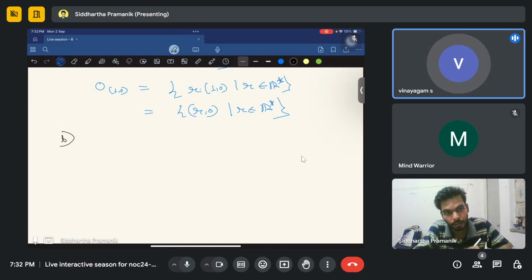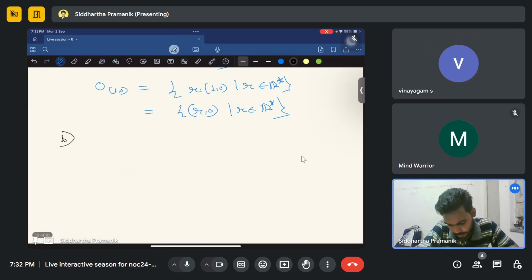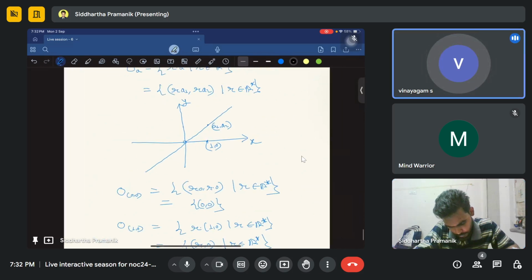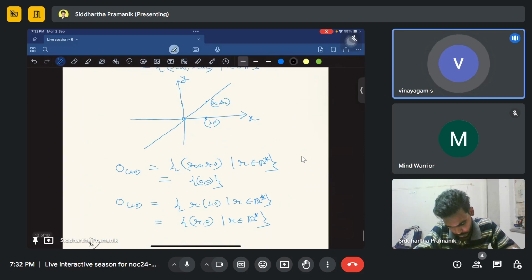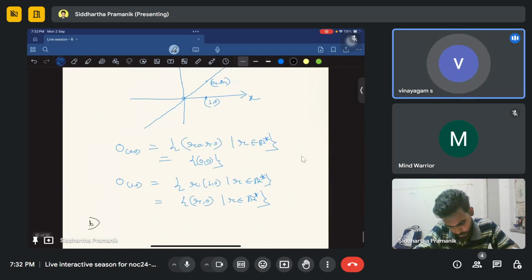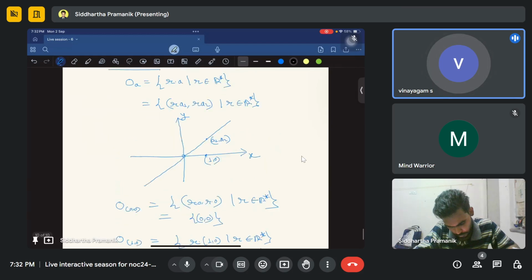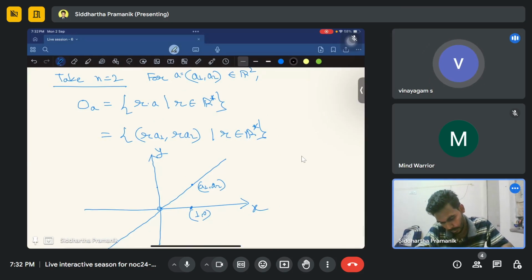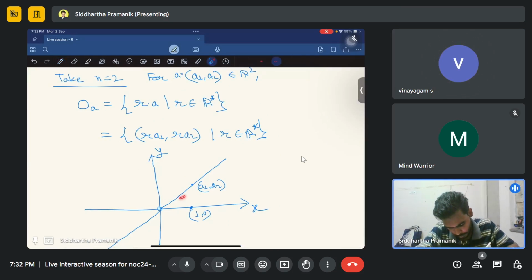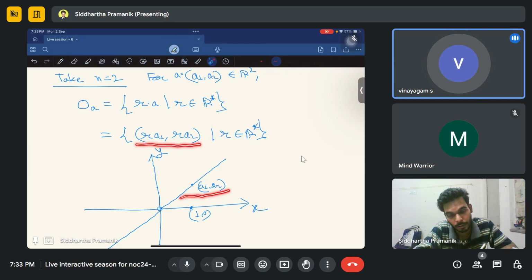Sir, I have one doubt. Yes, tell. Sir, how to write that the orbit is on the straight line? The orbit is a straight line because (r a1, r a2) is a scalar multiple of (a1, a2).